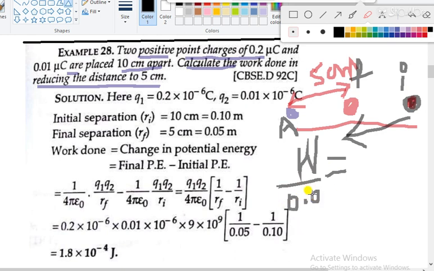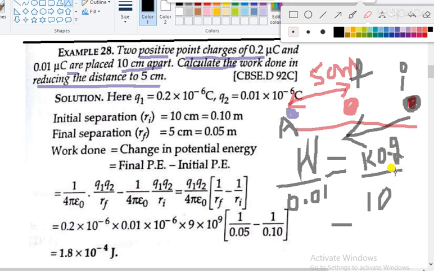0.01, you can take any charge, the answer will not matter. 0.01 into, I am writing here, K. So initial potential is K into 0.2. You have to change it into micro also. So 0.2 by distance, you will take 10, then minus the final potential.